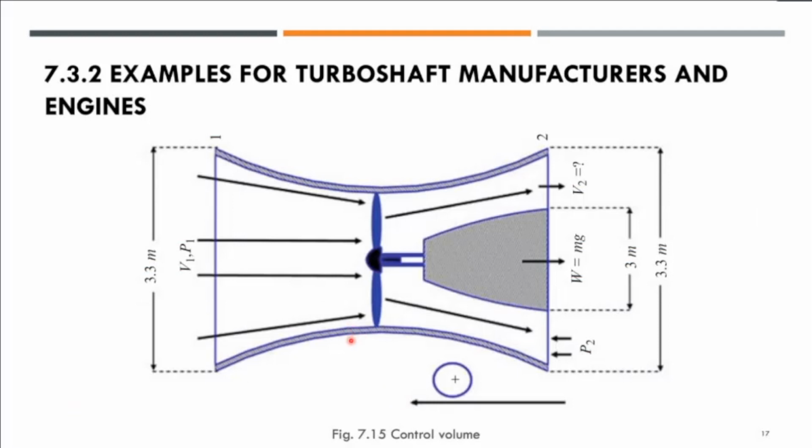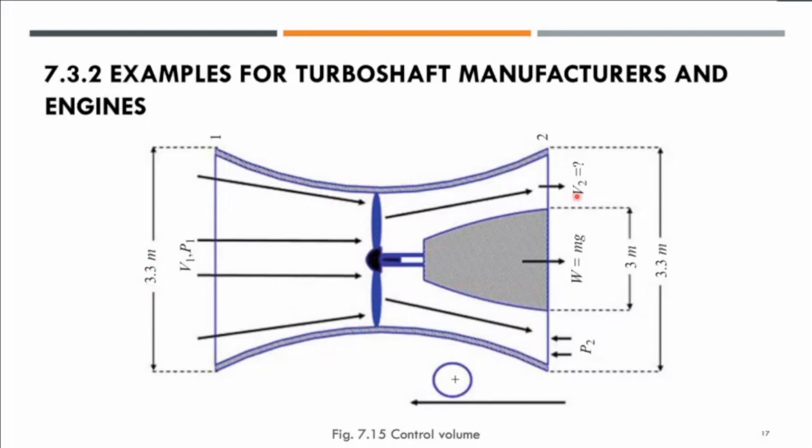Right, so I actually rotated the figure. The figure is vertical, everything is vertical because it is a helicopter. The diameter of the intake of air is 3.3 meters. We have velocity 1 and pressure 1 coming into the propeller blades of the helicopter, and it flows through.